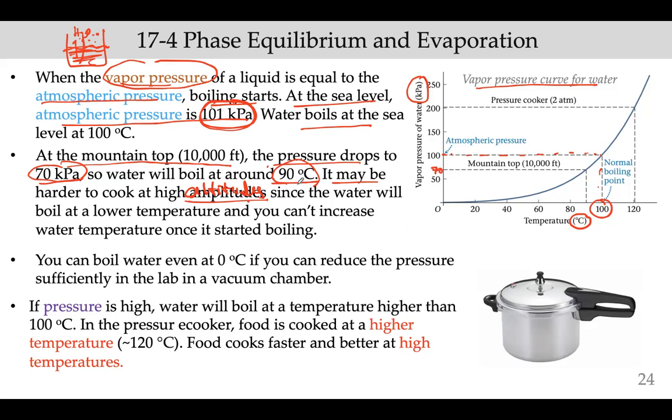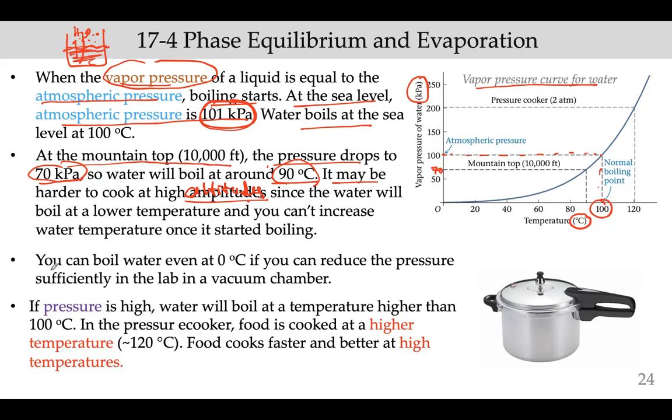So if you have some sort of food that needs to be cooked at a high temperature, let's say about 100 degrees Celsius, but you can only go up to 90 if you're at the mountaintop. Why? Because once it's boiled, it turns into steam, right? Water turns into steam. You cannot really increase its temperature anymore beyond 90 degrees Celsius.